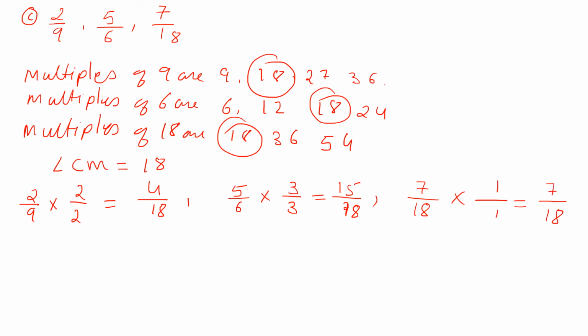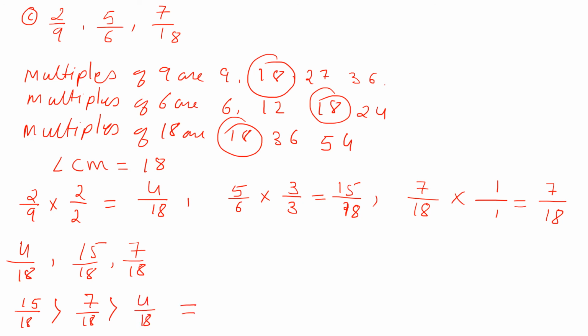Now write down the fractions: 4 by 18, then 15 by 18, then 7 by 18. Now see which one is the bigger. So 15 by 18, then 7 by 18, then 4 by 18.